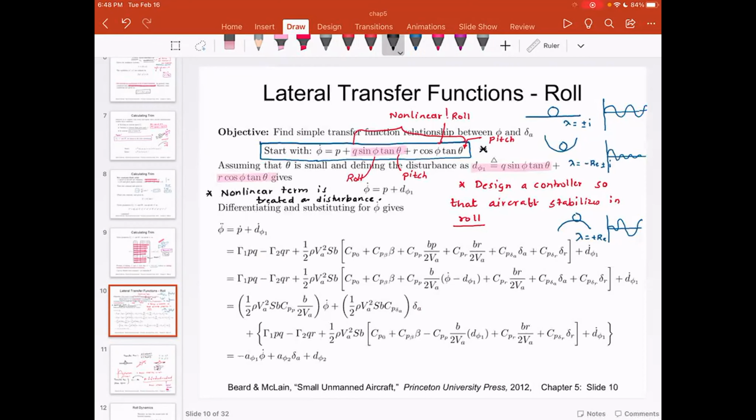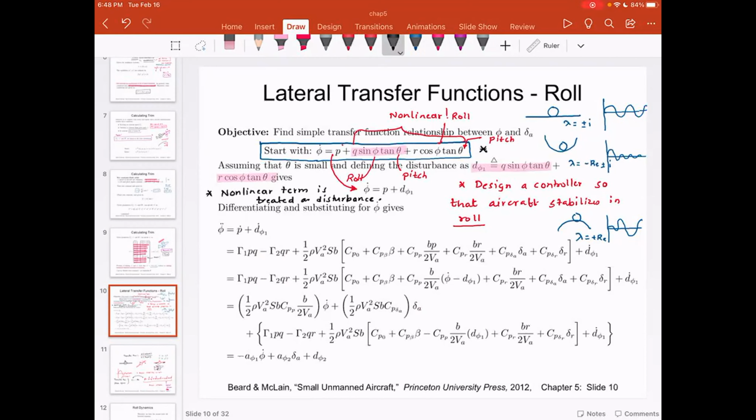Now what it means is, this equation gets simplified, and I want you to follow this very carefully. This equation gets simplified into this, wherein you have phi dot equal to P plus this disturbance. And this disturbance is this big nonlinear equation.